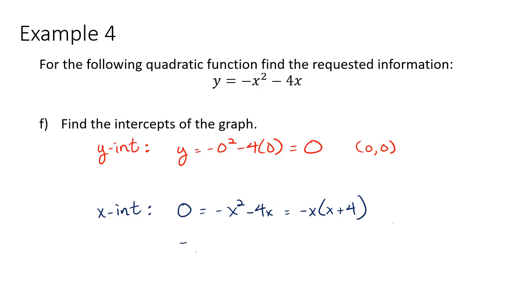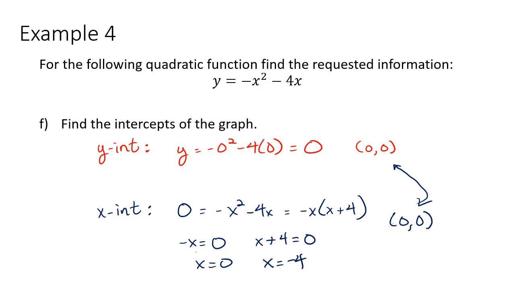And if I set each of those equal to 0 and solve, we get x is equal to 0 and x is equal to negative 4. 0 as an answer makes sense because if the origin is a y-intercept, it also has to be an x-intercept. But we have an additional one as well at negative 4, 0.